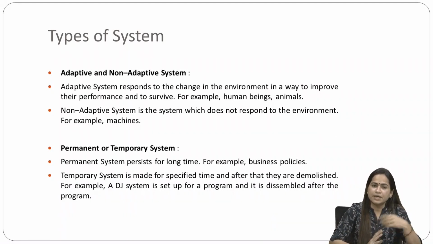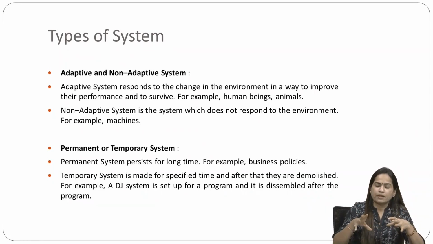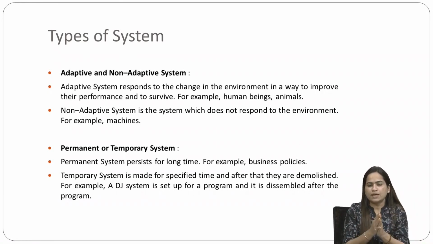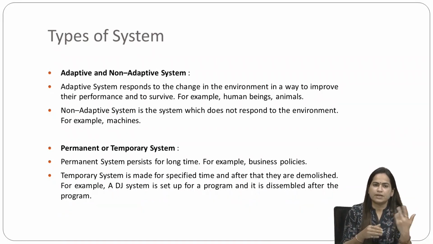For example, a DJ system is set up for a program and it is disassembled after the program. If you are having a DJ party, you will have the arrangement of DJ instruments. As the party is over, all the instruments are disconnected from each other, and whatever assembling you had is disassembled. If you have such a system, then it is a temporary system.